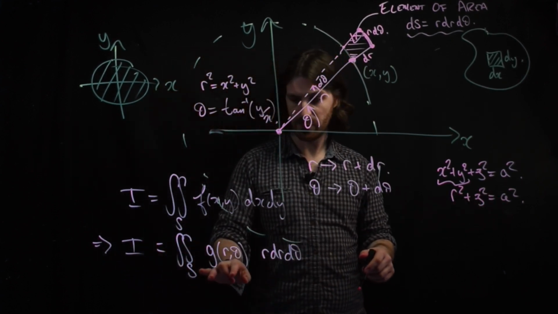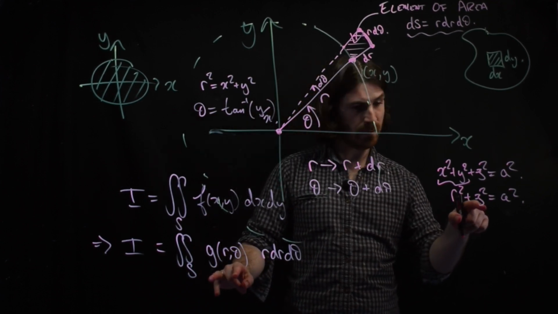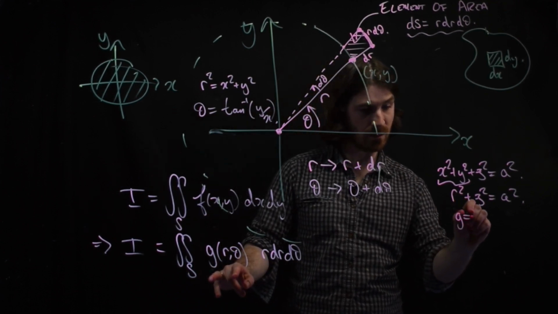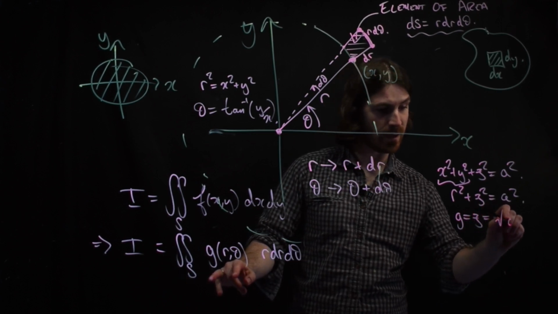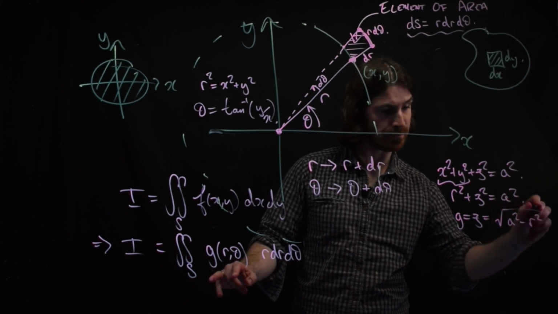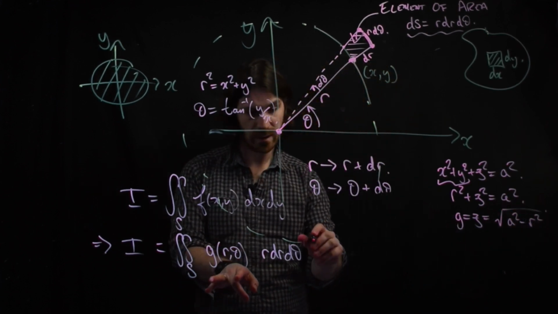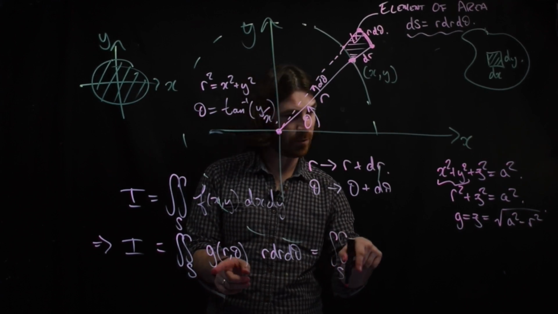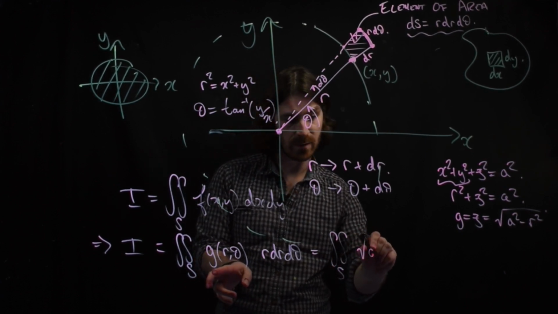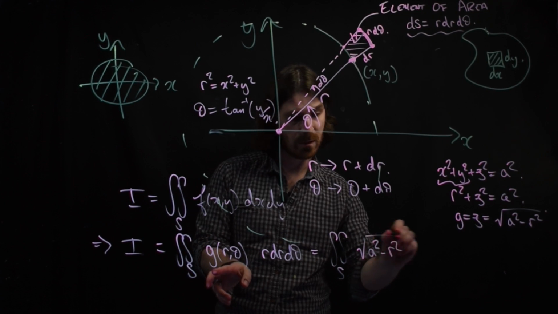So in terms of g, g equals z, which equals the square root of a squared minus r squared. So our integral is over the region S of the function g, which is just the square root of a squared minus r squared.